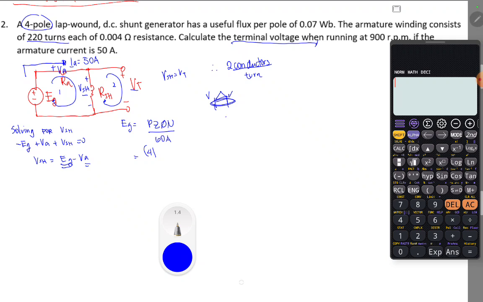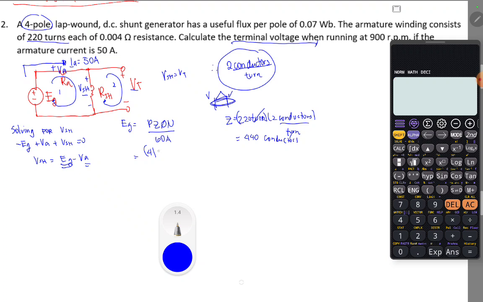So since I have Z, which is equal to 220 turns multiplied by 2 conductors per turn, there are 440 conductors. As I have said, when I am discussing or lecturing, always take note of small things like these 2 conductors per turn.